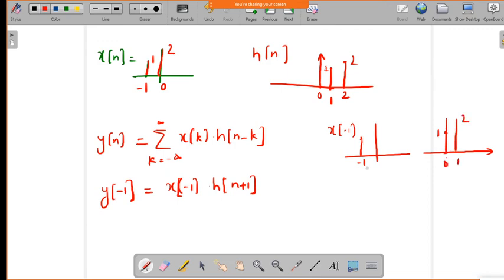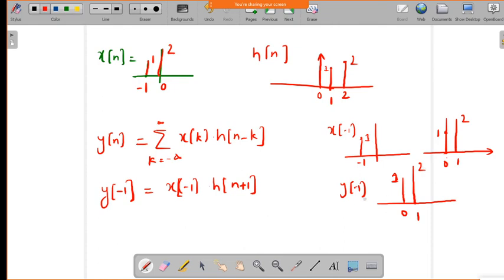Now what is the output of this one, y of minus 1? This is the value 1. So 1 into 1 it will be 1, so at 0 it will be 1. And again here at 1 it will be 2, 2 into 1 it will be 2. Okay.